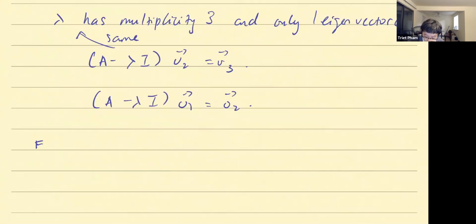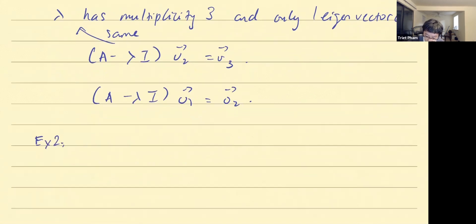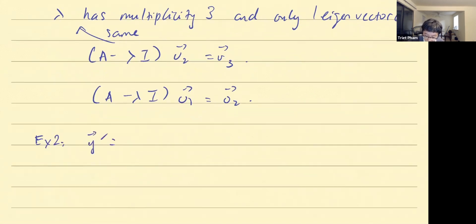So example 2: y prime equals Ay. Now A will be (2, 0, 0; 2, 1, 0; 1, 1, 1).